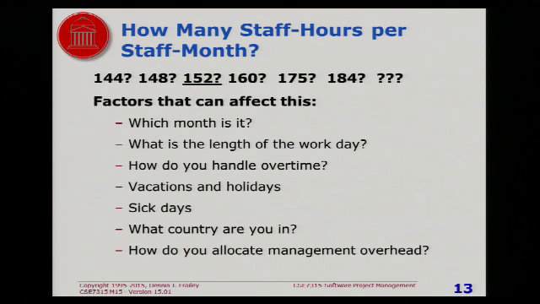Well, if you multiply 8 by 19, you get 152. But if your company assumes 8.5 hours, or 9 hours, or 10 hours, you're going to be up into one of the higher numbers. Or if you're one of the lower numbers, you can be lower. It may depend on which month it is. February being shorter than March, for example.